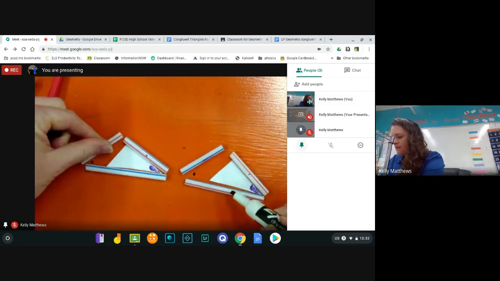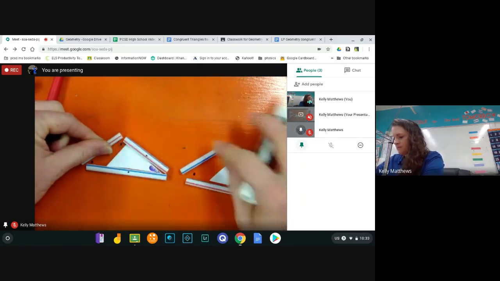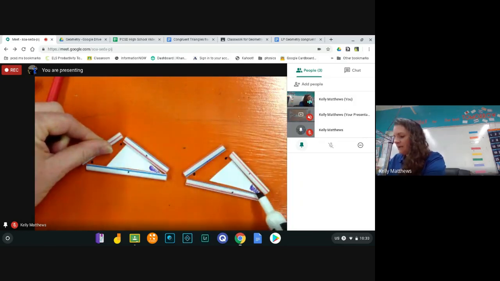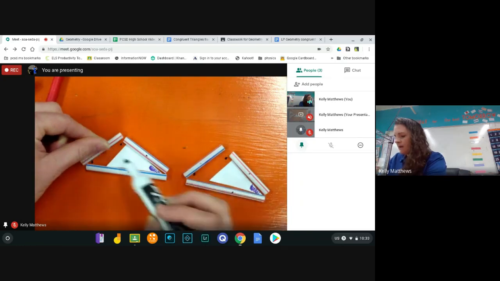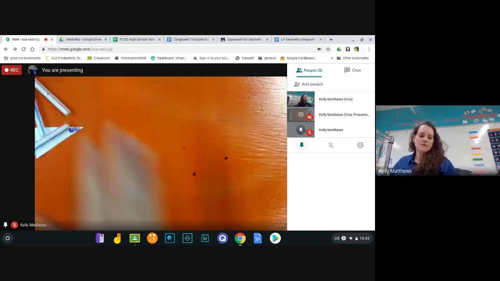And by knowing these sides, I knew something about the angles opposite them. And I didn't know this side, but I knew this angle. And so by knowing these angles, I knew something about the sides opposite it. And so side, angle, side is a valid test that works.